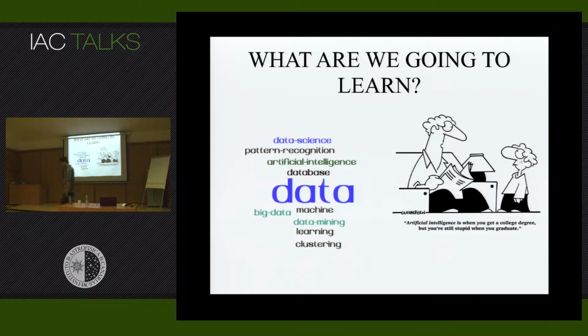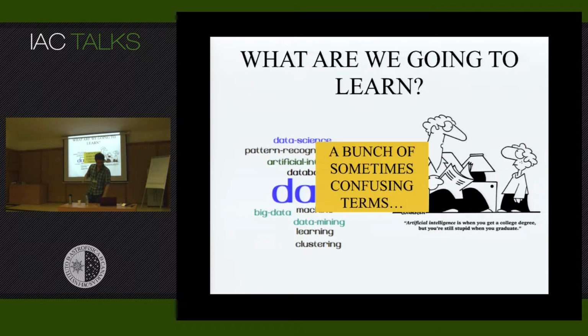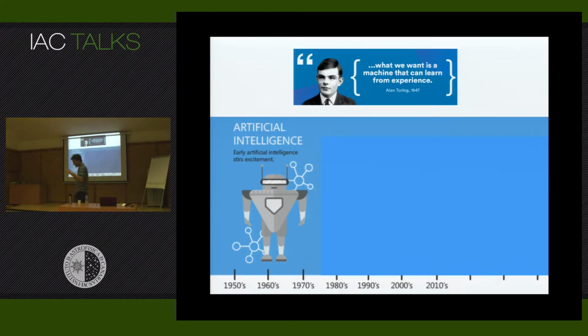When people talk about machine learning, there are several words that come in: data mining, machine learning, big data, artificial intelligence. All these words sum up together, and sometimes there's a bit of confusion in this. So let's have an idea first what deep learning means and what is artificial intelligence.